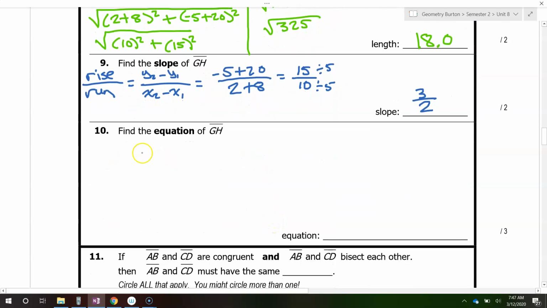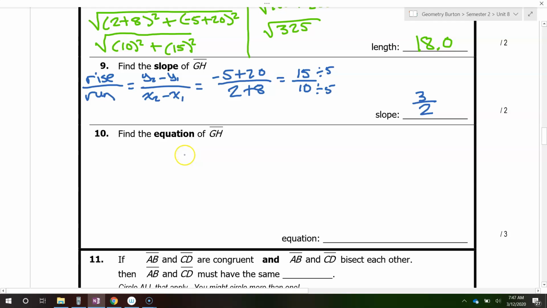Okay, now find the equation of the line GH. I mean, it says segment GH, but I really think they mean line GH. So for the equation, we're going to use slope-intercept form. So we know that y is equal to mx plus b.